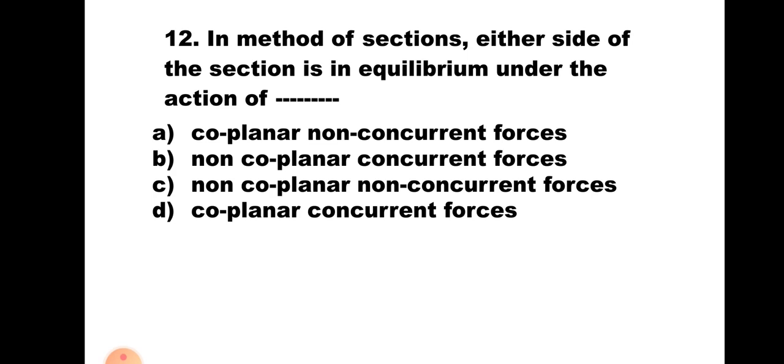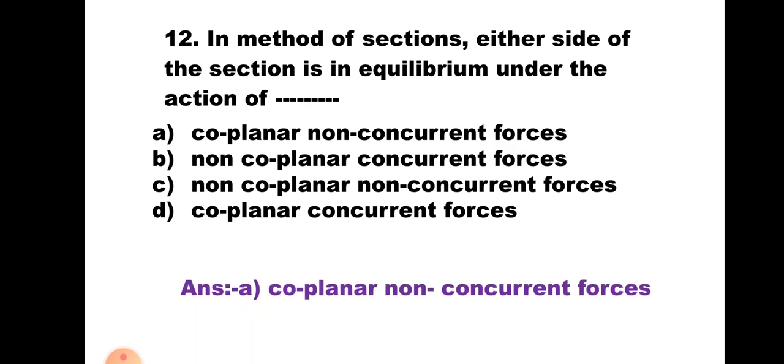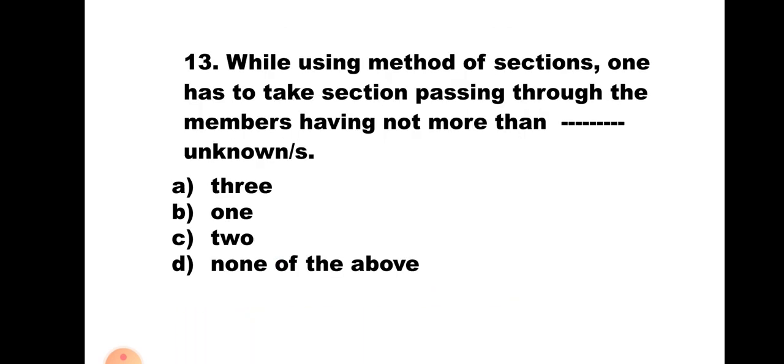Now look here, whenever you take a particular section, either side of the section will be under the action of forces that will not be concurrent, they will be non-concurrent forces. But as the frame is a simple frame, they are lying in the same plane. Hence, the correct answer is coplanar non-concurrent forces, that is A.